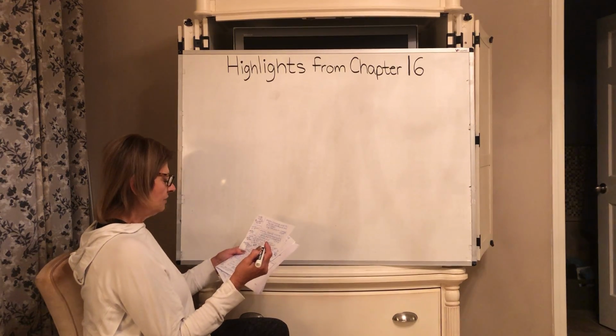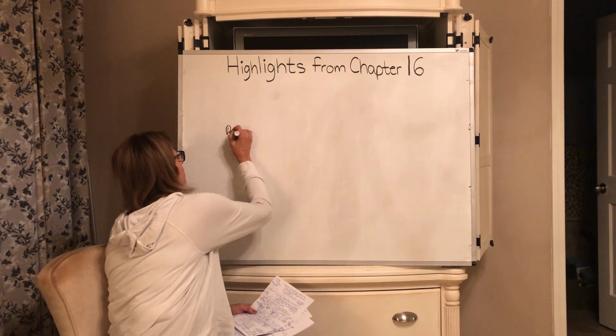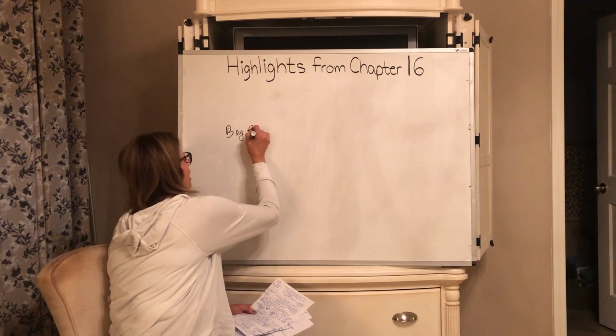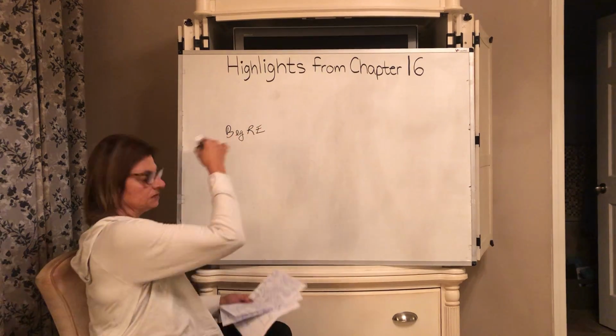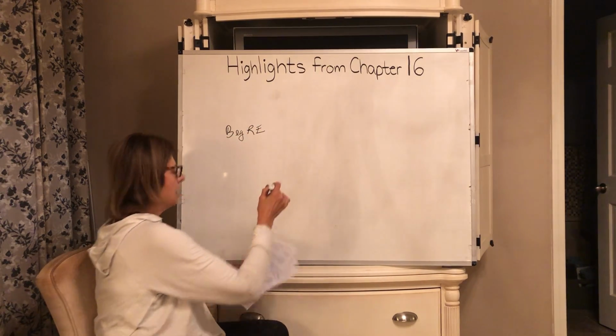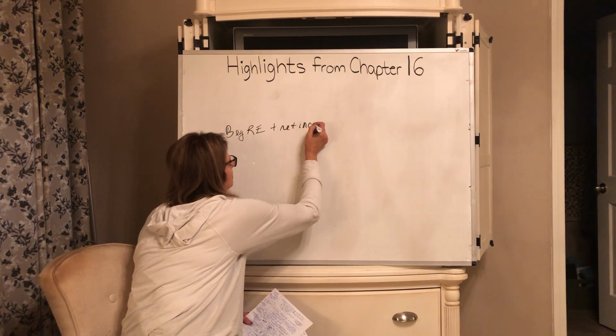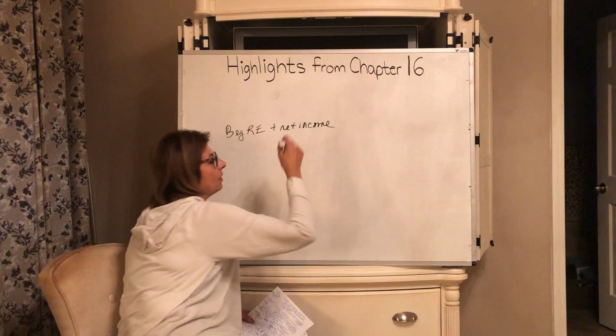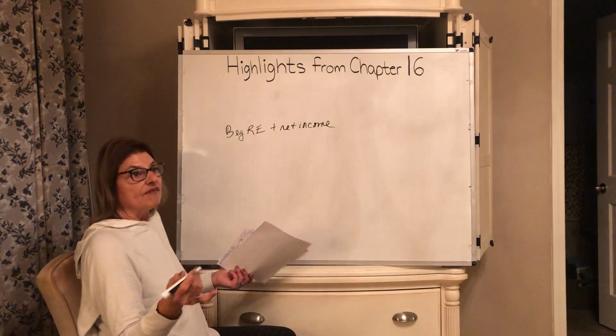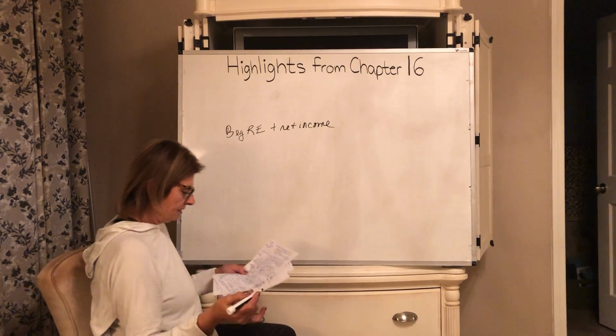They're saying beginning retained earnings, which we know, I'm using RE as an abbreviation, plus net income, or minus net loss. We don't have a net loss here, we have a net income.